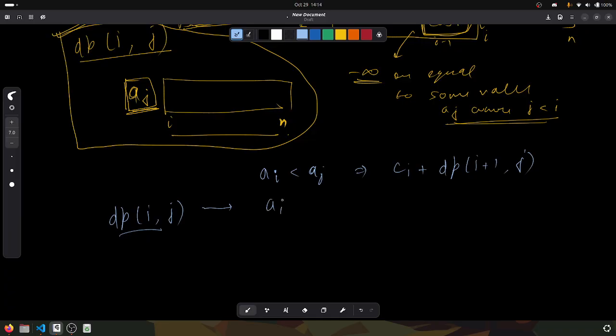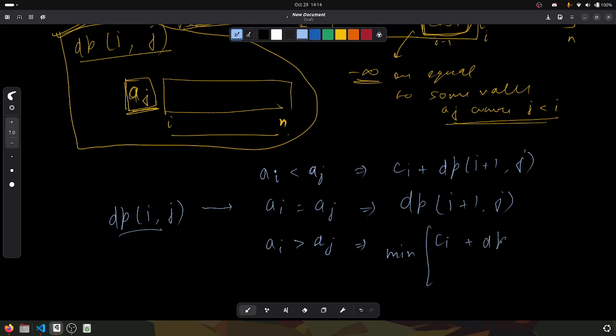The next case is ai is equal to aj. Here we don't need to perform the operation, but the state will be i plus 1 comma j only. And the next case is ai is greater than aj. Here we will have two cases that we need to take the minimum of. Case 1 is we perform the operation and go to i plus 1 comma j, and case 2 is we don't perform the operation but the state will change to i plus 1 comma i.